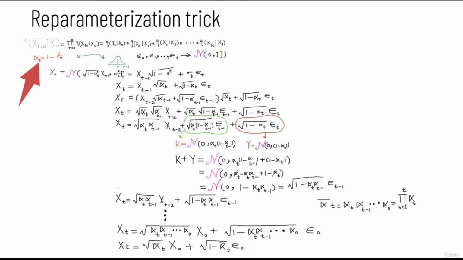And here, let's say that the alpha t symbol is equal to 1 minus the variance at time step t. So now xt, this variable, is equal to the Gaussian distribution where the mean is equal to the square root of 1 minus the variance at time step t times xt minus 1.